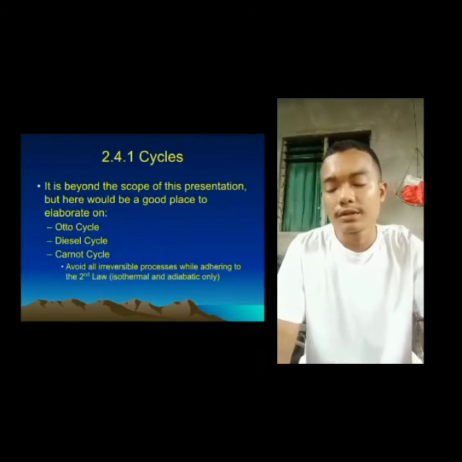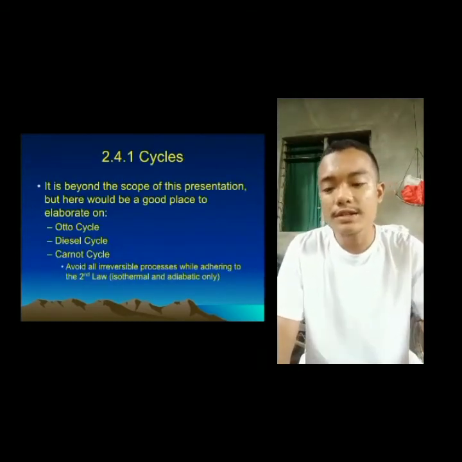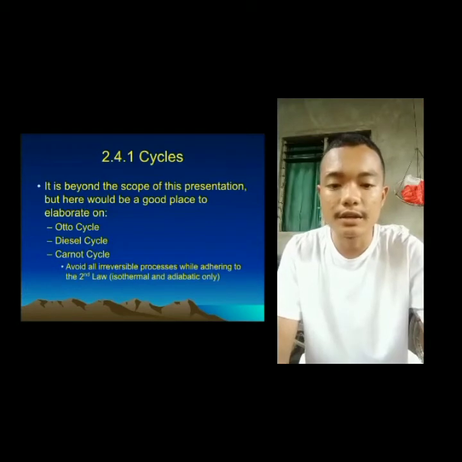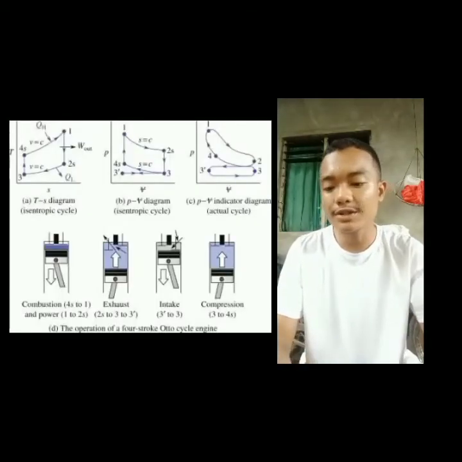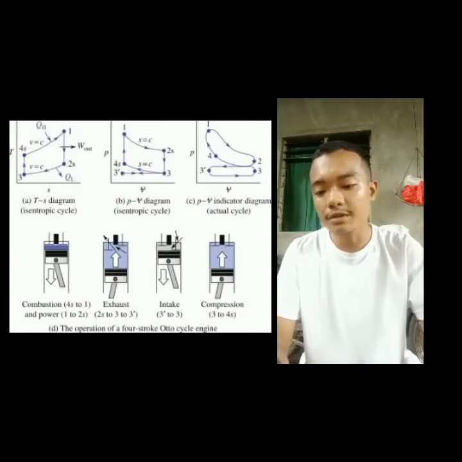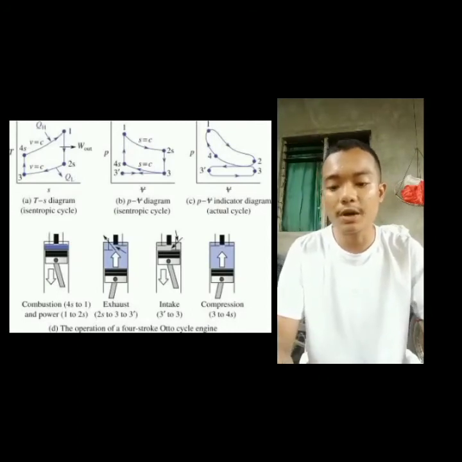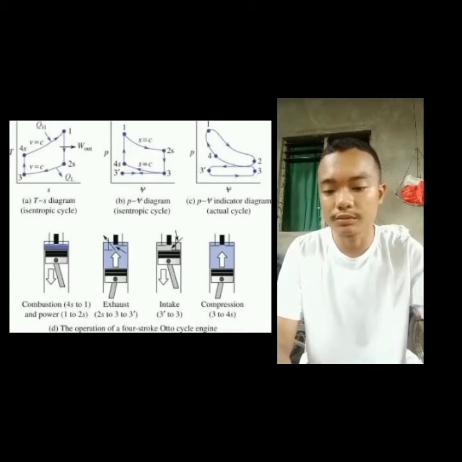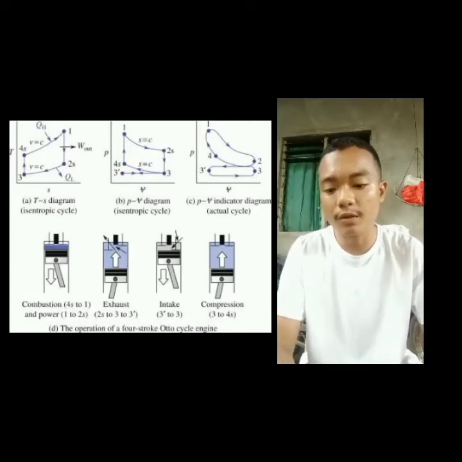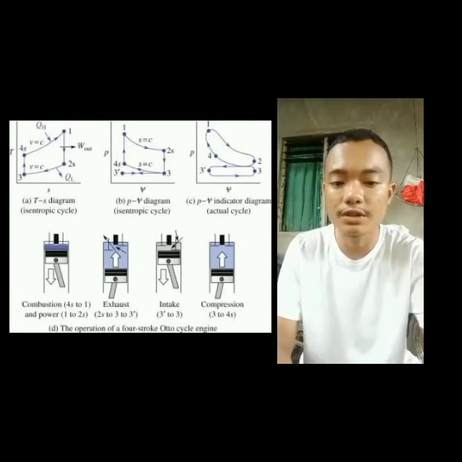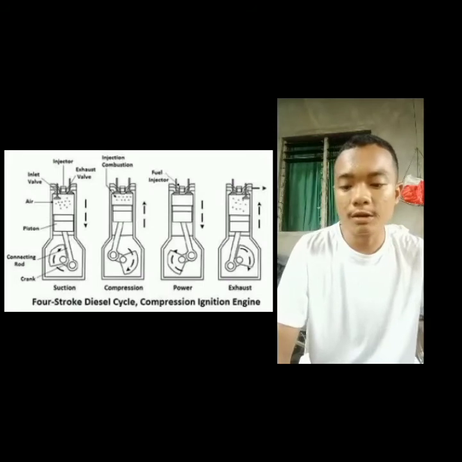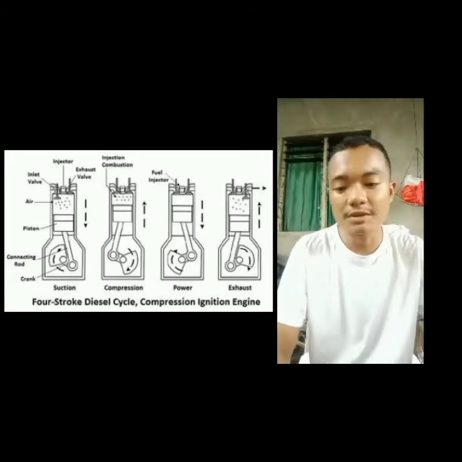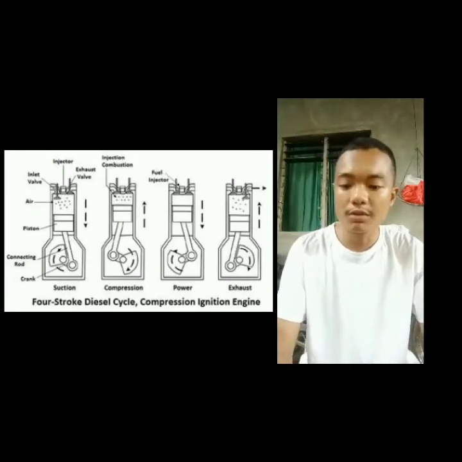Cycles: the Otto cycle, the diesel cycle, and the Carnot cycle. The Otto cycle is an idealized thermodynamic cycle that describes the functioning of a typical spark ignition piston engine. It is the thermodynamic cycle most commonly found in automobile engines. Diesel cycle. The diesel cycle is a combustion process of a reciprocating internal combustion engine.